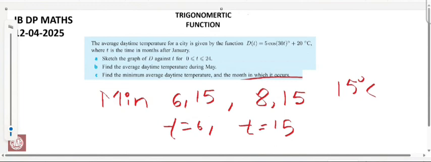T6 will be June. January, February, March, April, May, June, July, August, September, October, December, January, February.